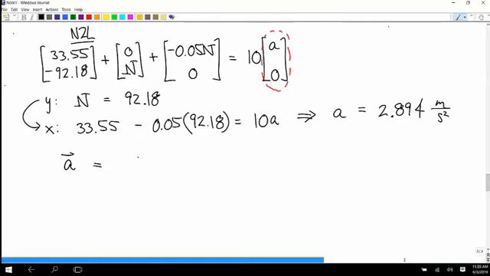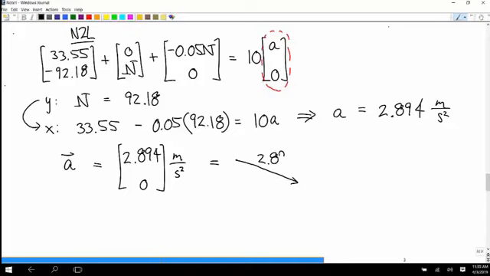And the acceleration is 2.894, 0. Or you can also just think of that as a magnitude of 2.894 going down the ramp.